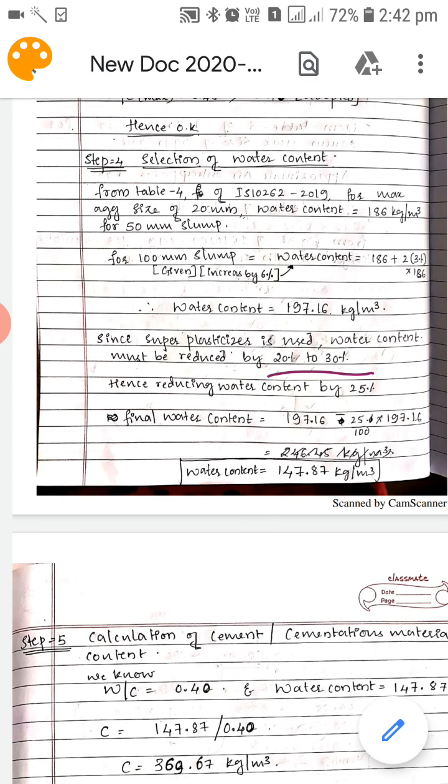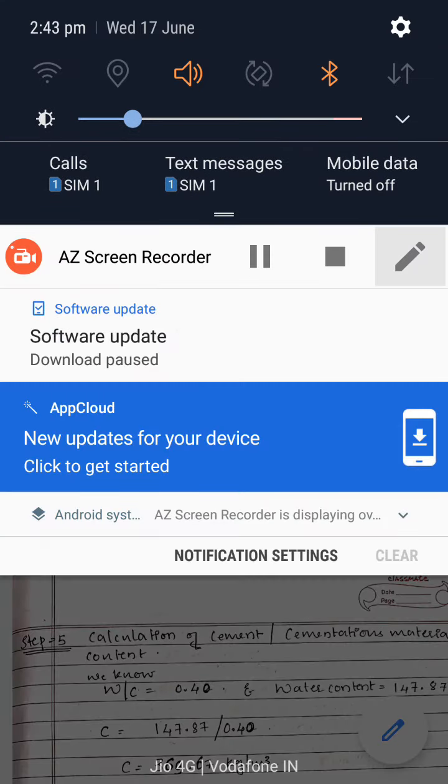I'll adopt the in-between value, that is 25%, hence reducing the water content by 25% from 197.16. I get the final water content as 147.87. This is about the water content.